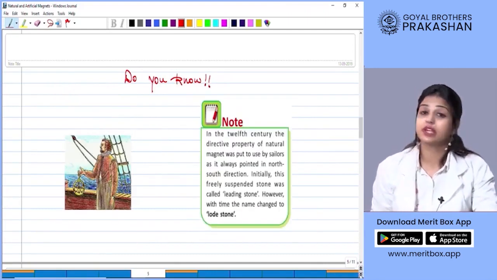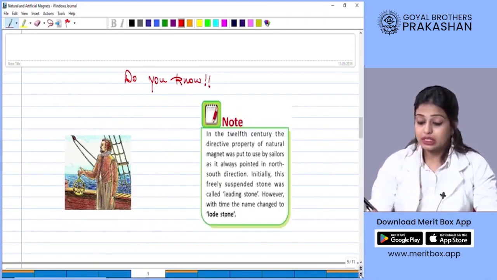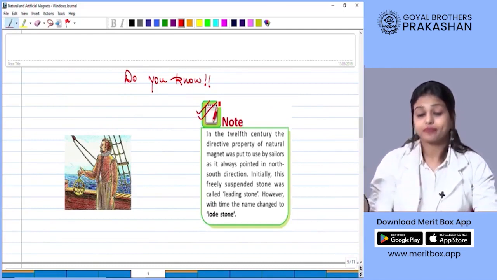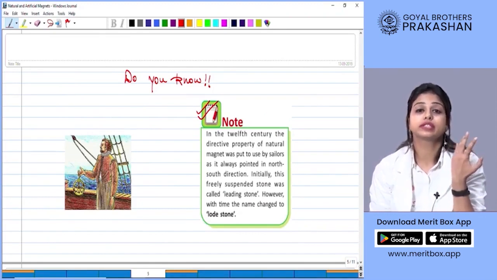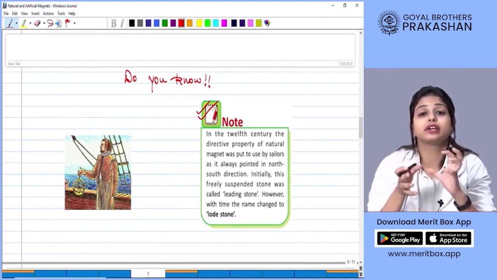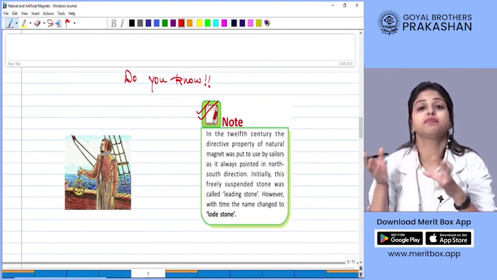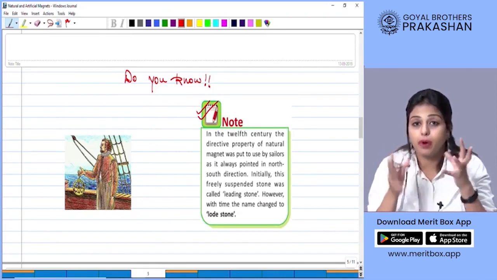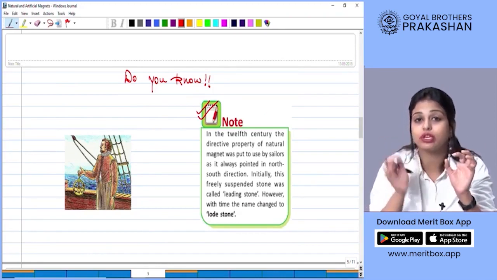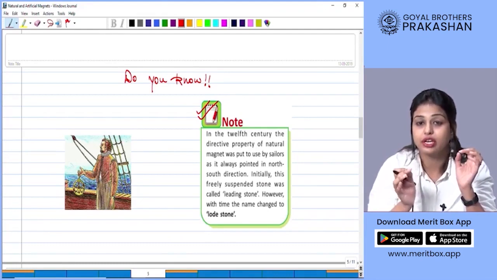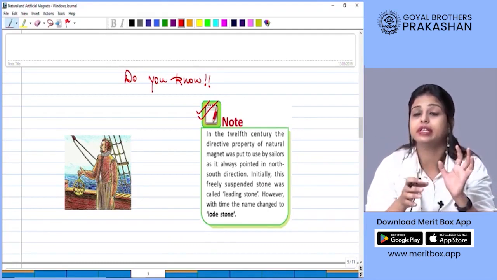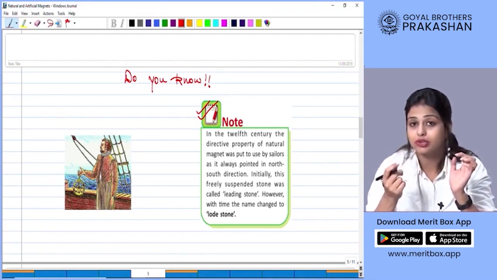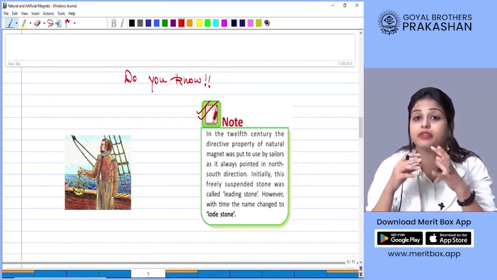Now, this is a very cool fact, students. Did you know that in the 12th century, when magnets were discovered, people started to use its directive property? That means the property by which it can show the north and the south direction. So, at that time, sailors used to carry a needle that would point in the north-south direction and lead their way.